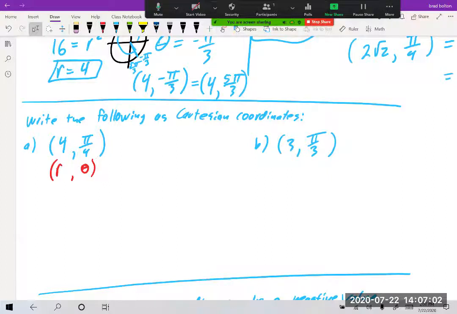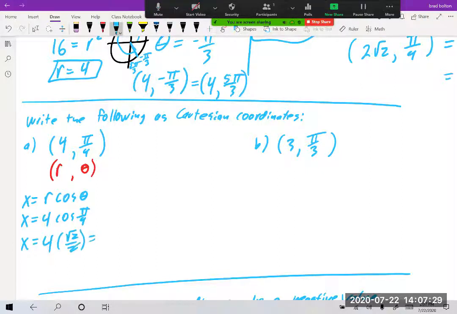So x equals r times cosine of theta. So r is 4, and we're doing the cosine of pi over 4, but that's an easy one, right? That's just square root 2 over 2. So this just would become 2 square roots of 2, okay?